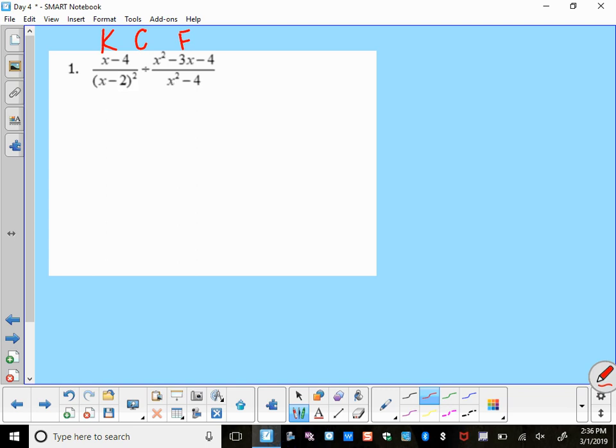So what that means is my first fraction, I'm going to keep it the same. So I'm just going to rewrite it, keep it all the same. In the middle, I'm going to change. So, what's the opposite of division?